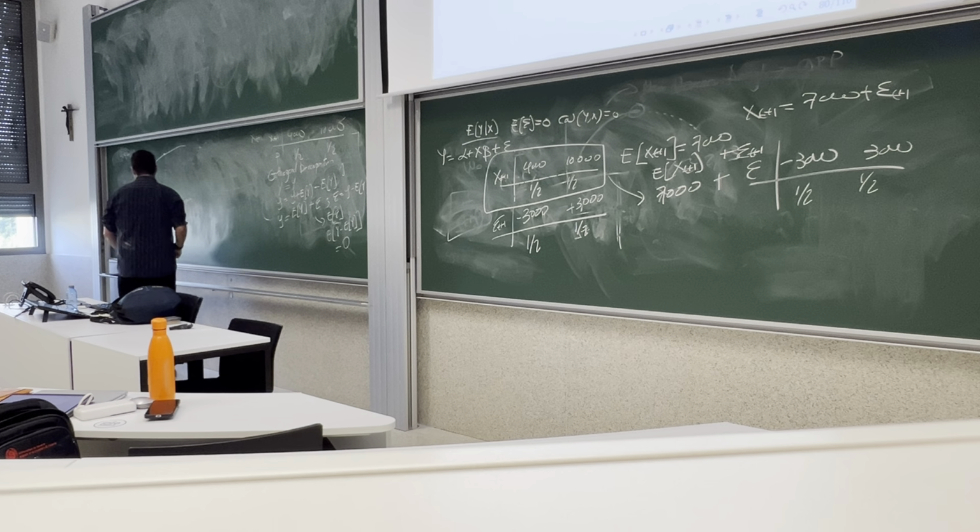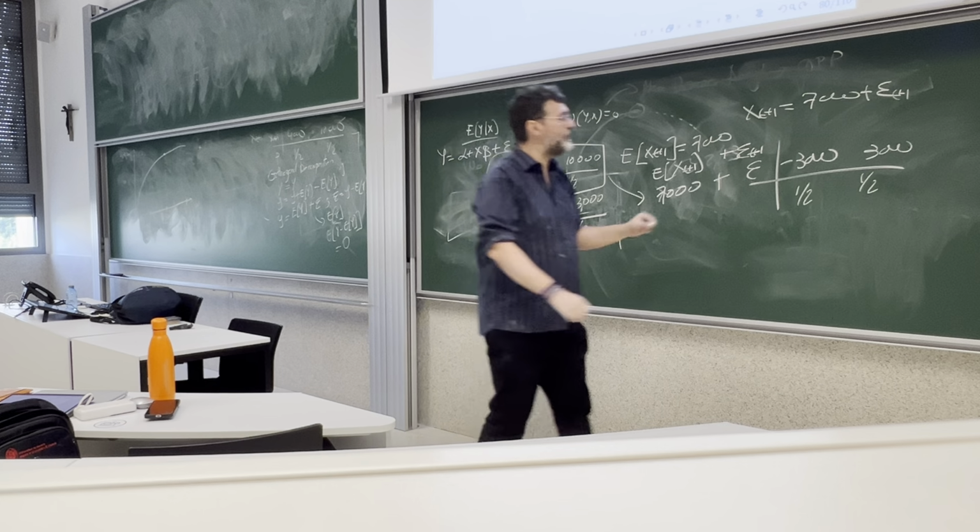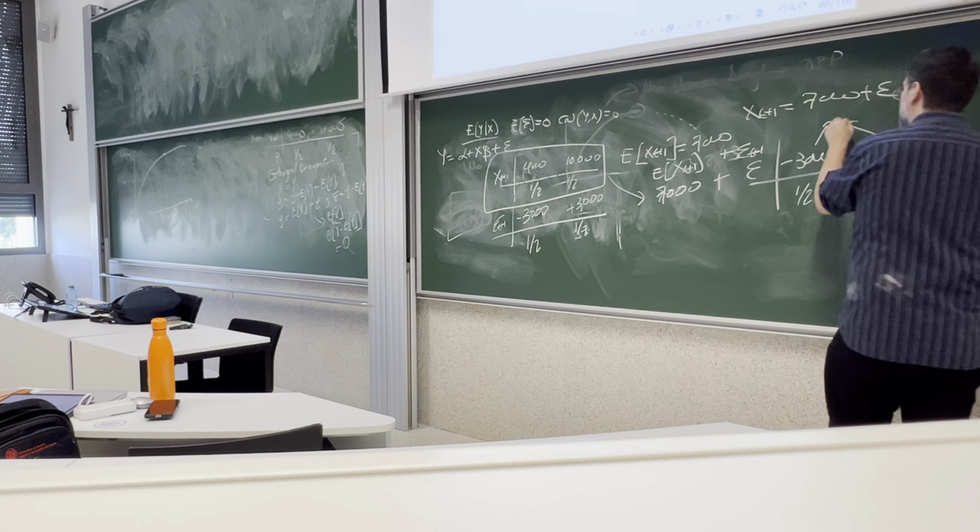So let's call it A and B. This is going to be the expected value of x_{t+1} minus, I don't know, this amount. Let's call it C. That's 3,000.